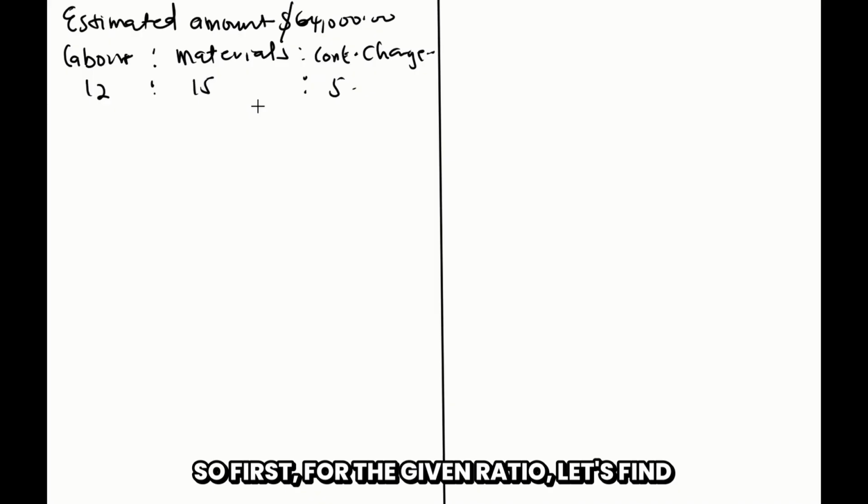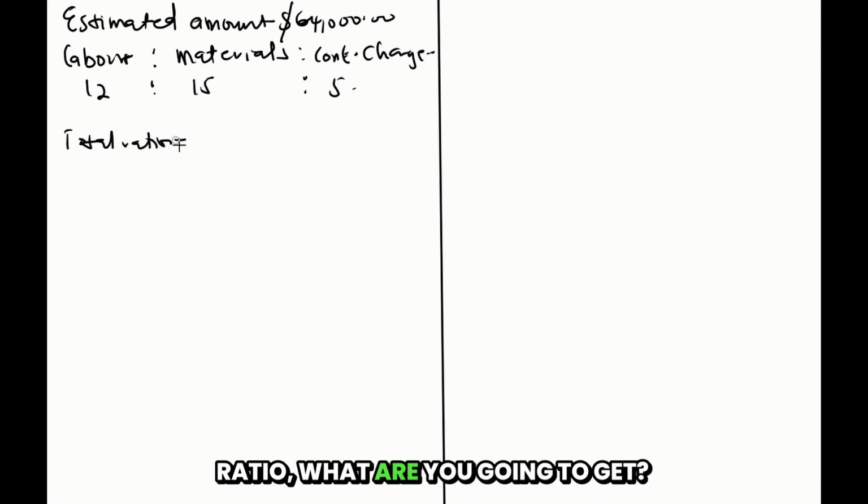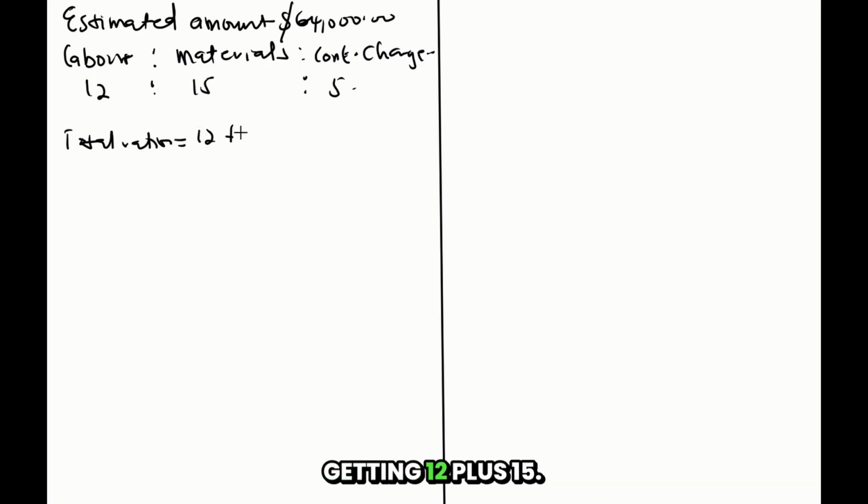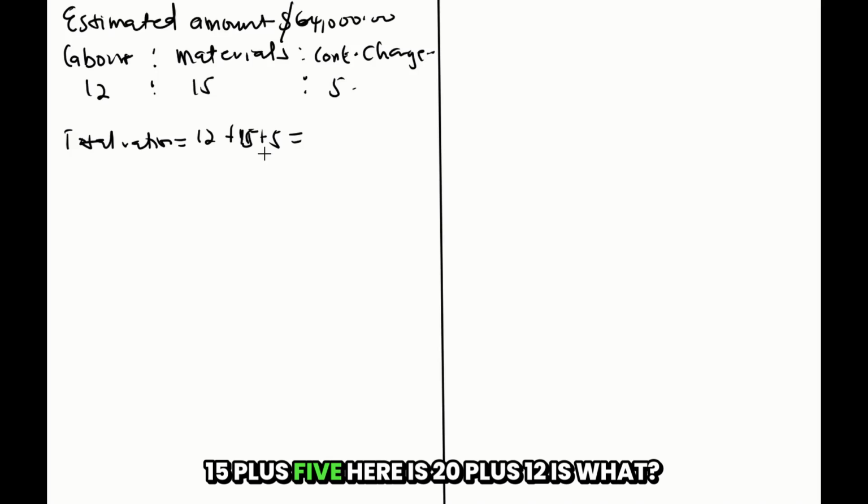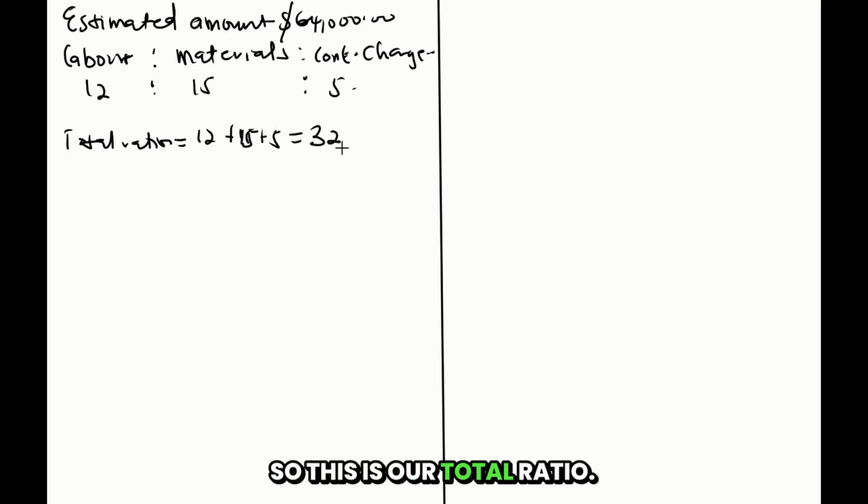So first, for the given ratio, let's find the total ratio. For the total ratio, you are going to get 12 plus 15 plus 5. 15 plus 5 here is 20, plus 12 is 32. So this is our total ratio.